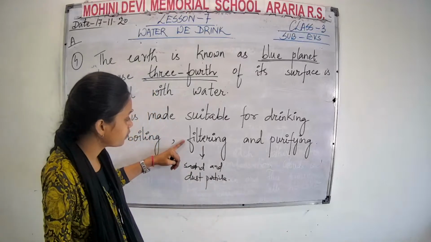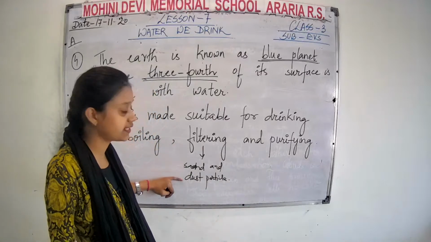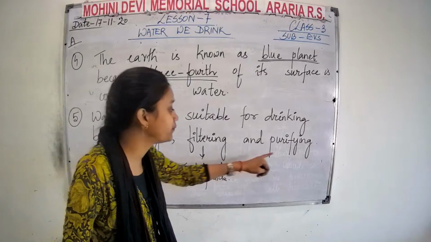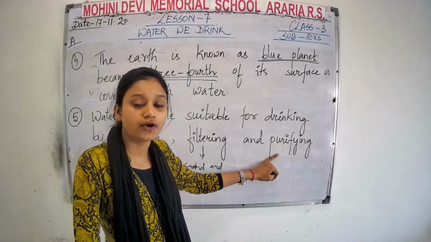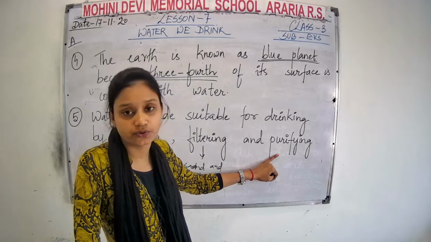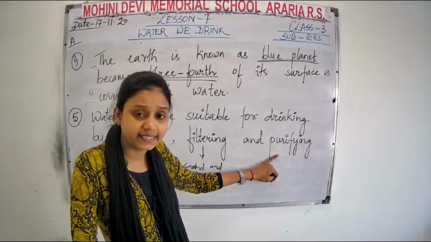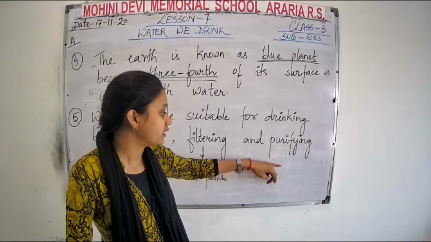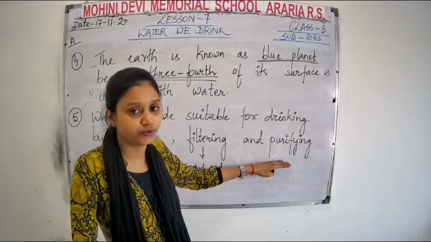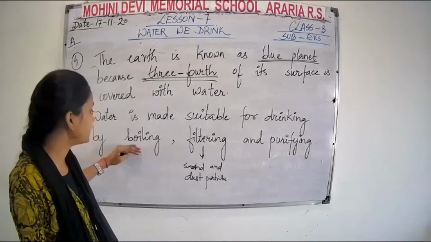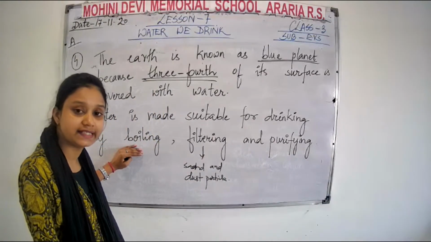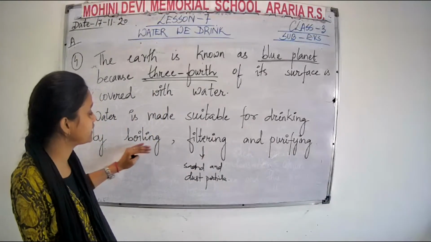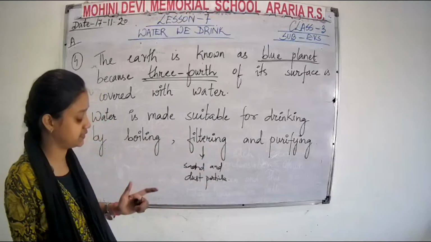But in filtering, only sand and dust particles are separated. But in purifying, water is purified thoroughly. All the germs, bacteria, dust particles, unwanted things are separated in this purification. And boiling, when we boil the water, it kills the germs. These are the main differences between these three.